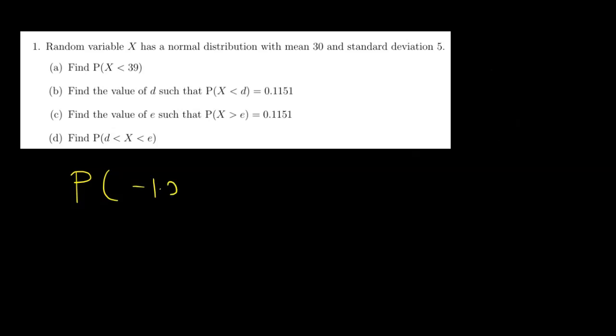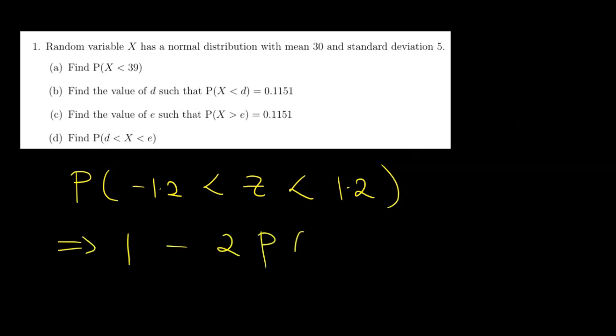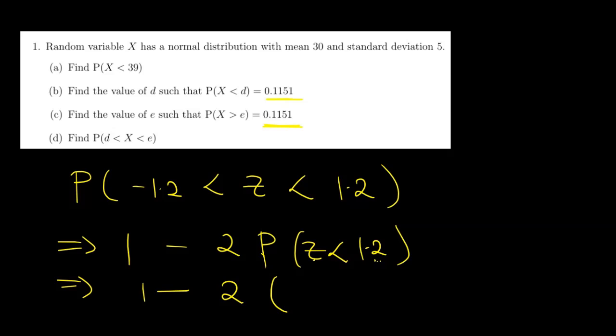Okay, so now we have the probability of minus 1.2 being less than z being less than 1.2. Okay, so this is a negative here. So this one here is the same as 1 minus 2 times the probability of z being less than 1.2, okay. Here, we already found the probability that z is less than 1.2, because this d here we found was 24, and then when you standardized it, it gave us 1.2.